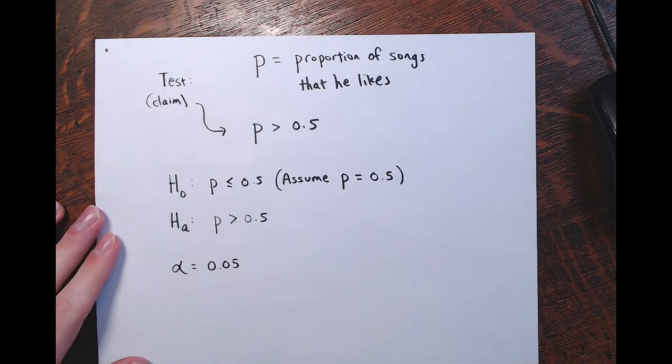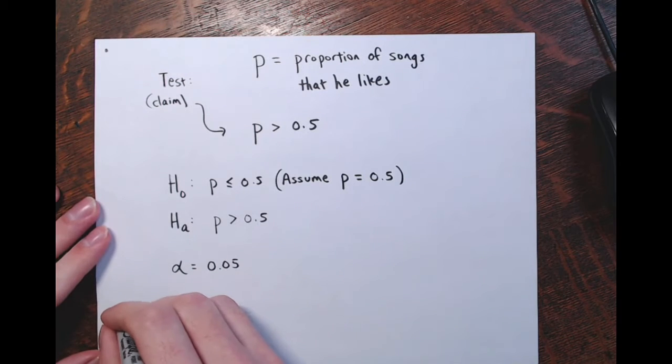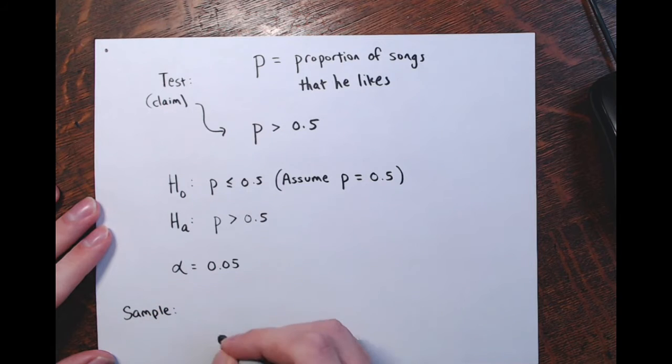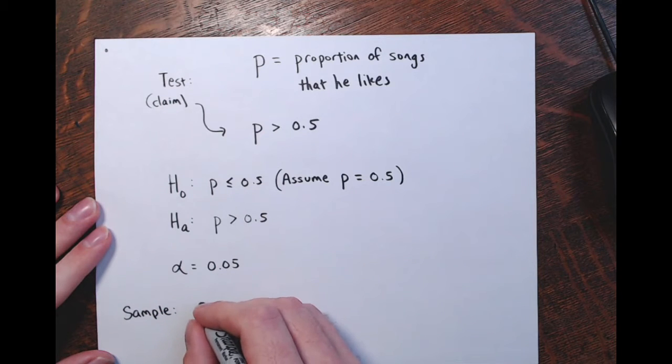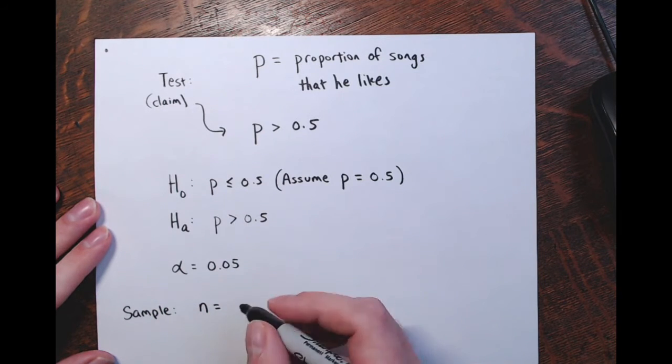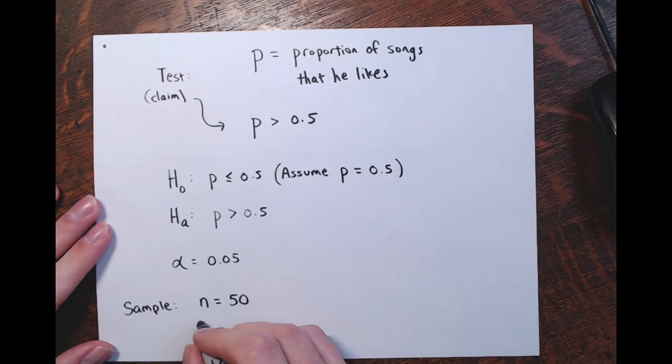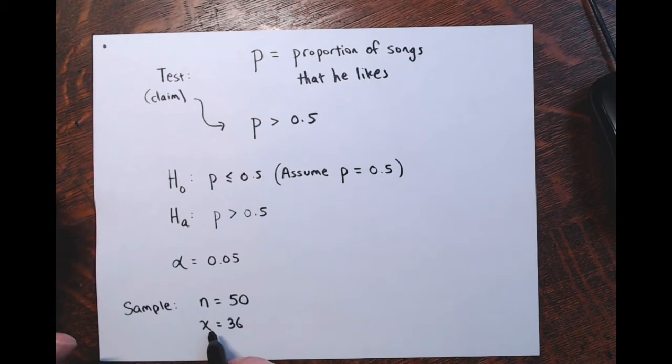Well, then a sample was taken, and this sample was 50 songs. So Steve took a sample of 50 random songs suggested by this algorithm and found that he liked 36 of them. Remember, this little x usually represented the number of successes.